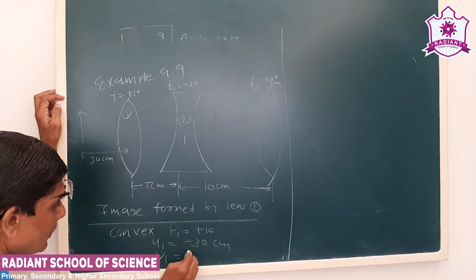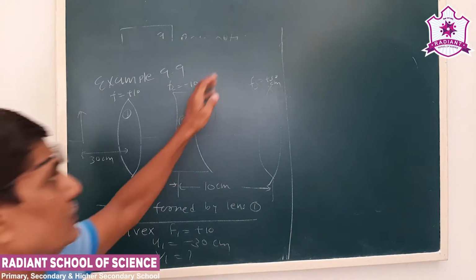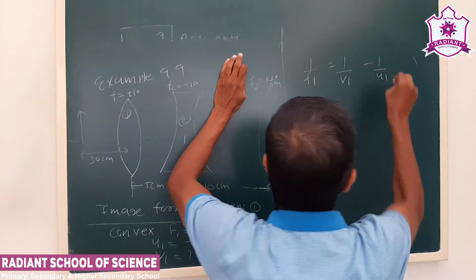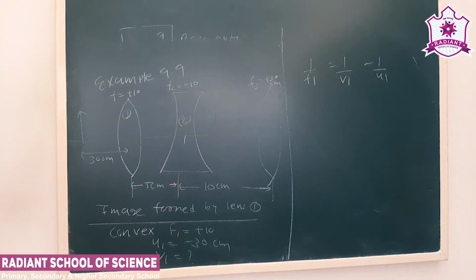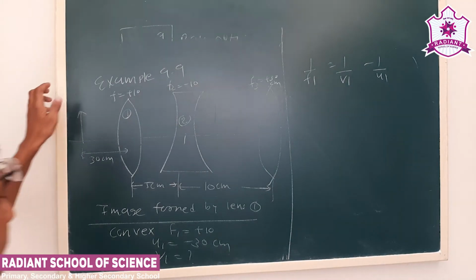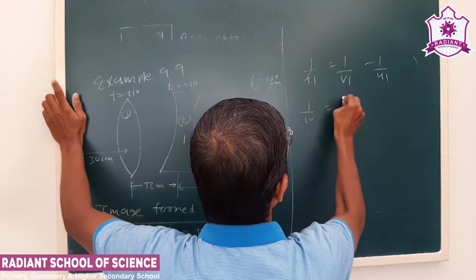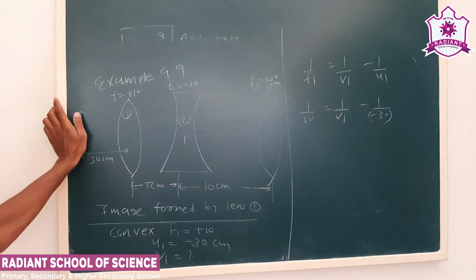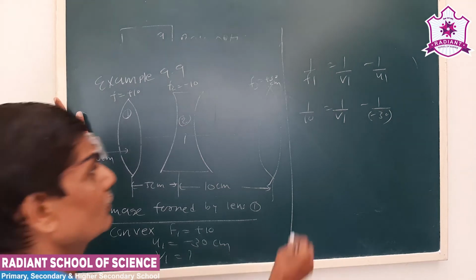See, v1 we have to calculate. Now see our equation, 1 by f1 is 1 upon v1 minus 1 upon u1. See, u we have to take negative, so 1 by 10.